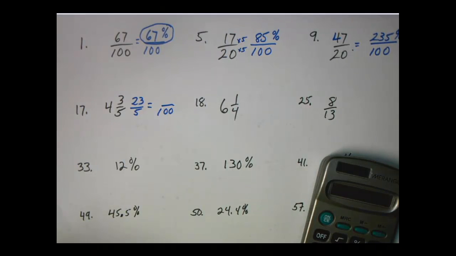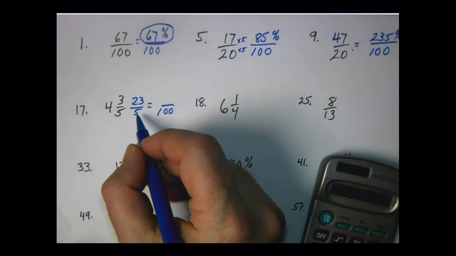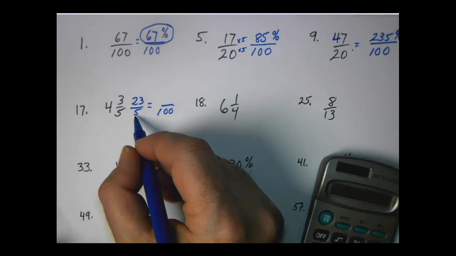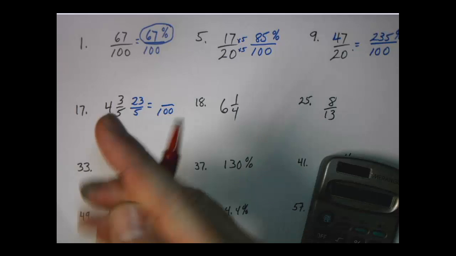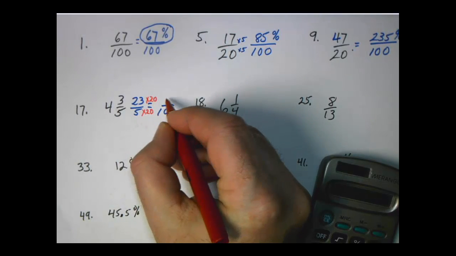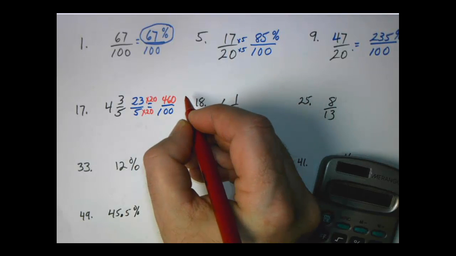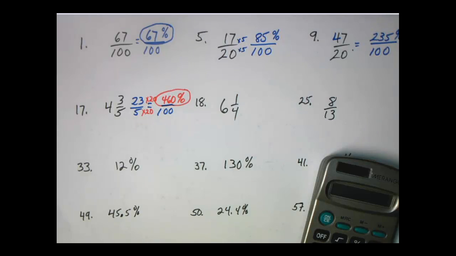It's still got to go over 100. So we can either cross multiply and divide, or how many times will 5 go into 100? We'll go 20 times. Do it to the bottom, do it to the top. So we have 460%. So once it's over 100, that's our answer.